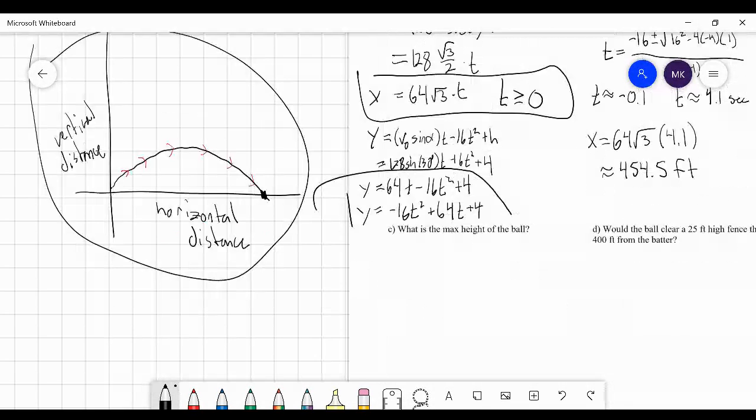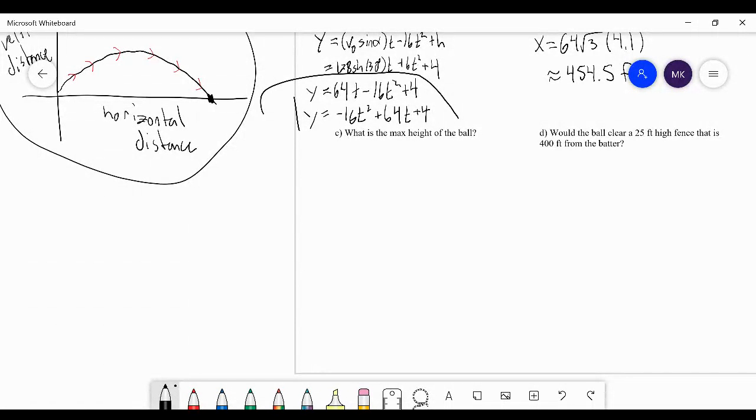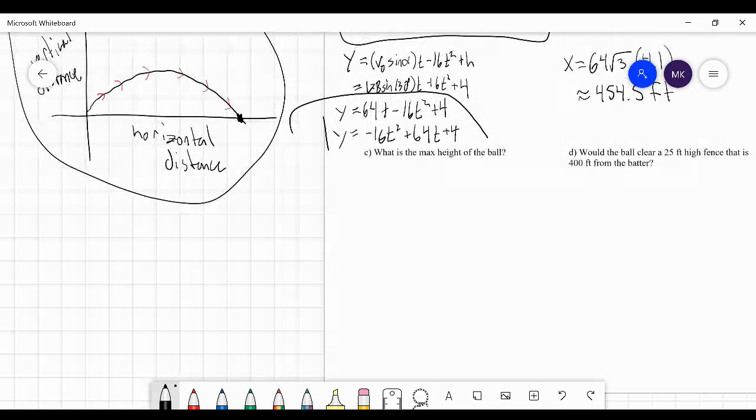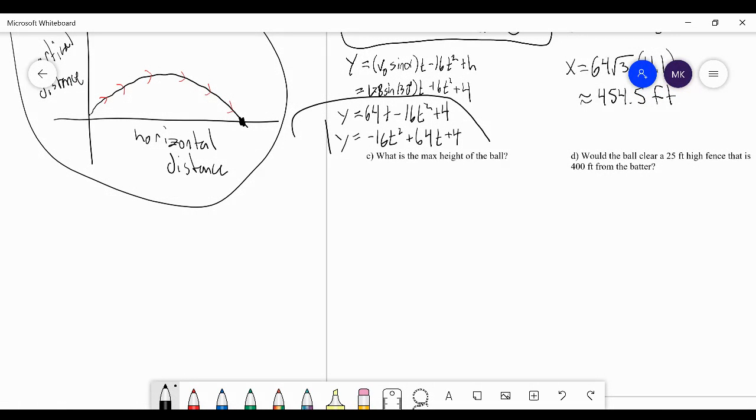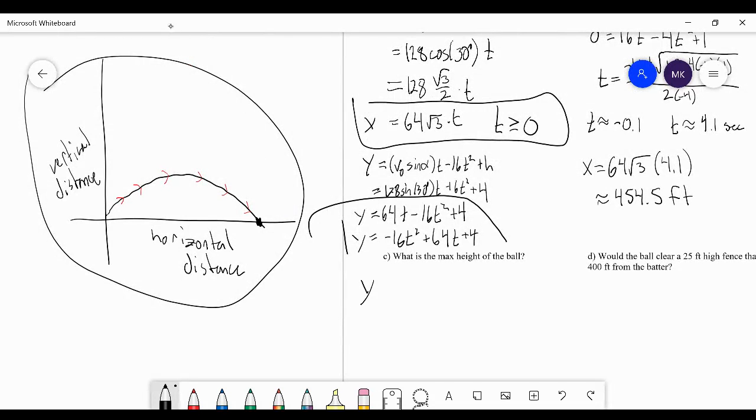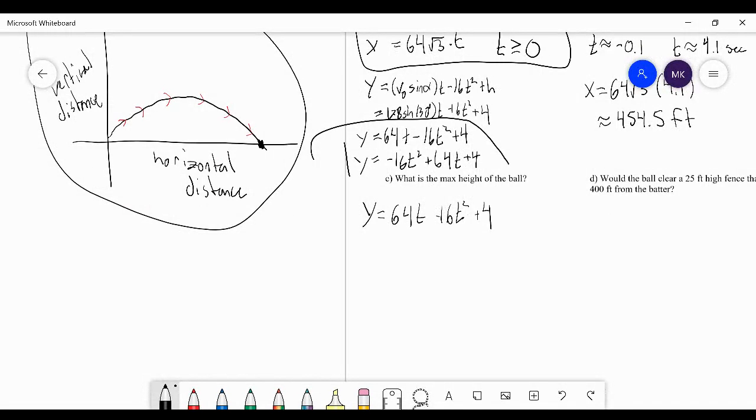Part C is even easier. What's the maximum height of the ball? Well, the height of the ball is given by y, so we're focused on the equation y equals 64t minus 16t squared plus 4. That is a quadratic function, which means to find the max, we're looking for the vertex.